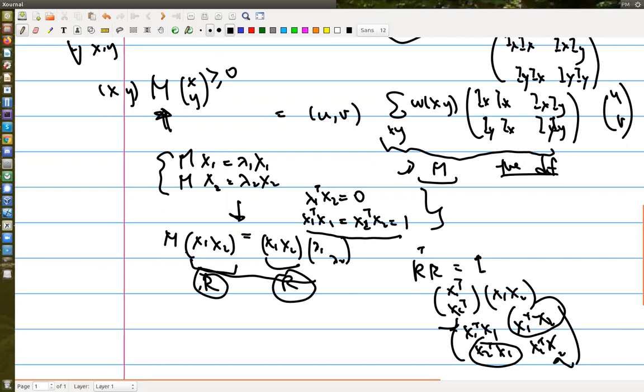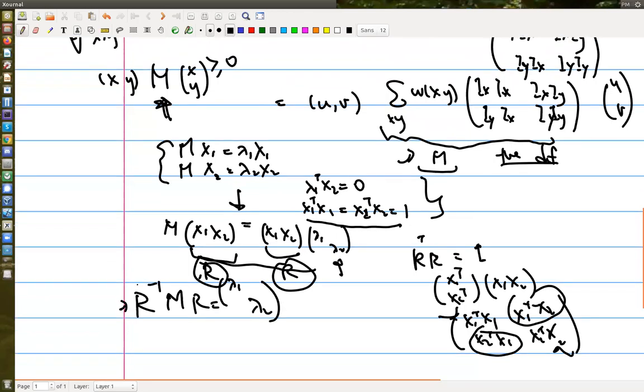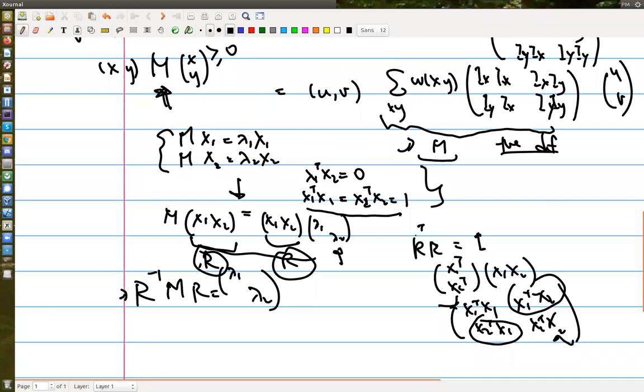So I will have MR equal to R lambda, and therefore R inverse M R is equal to diagonal of lambda 1, lambda 2. Also, R inverse is just equal to R transpose because R is orthogonal, so I have this here.